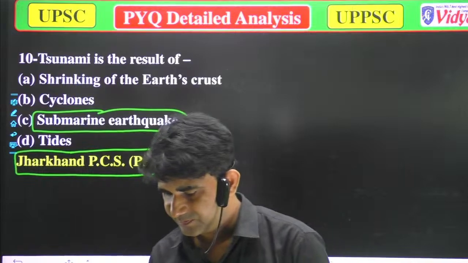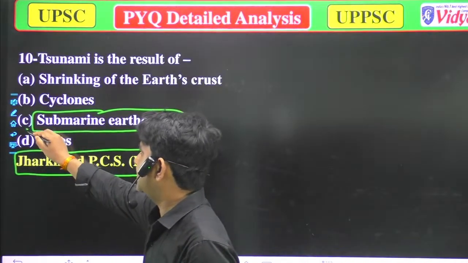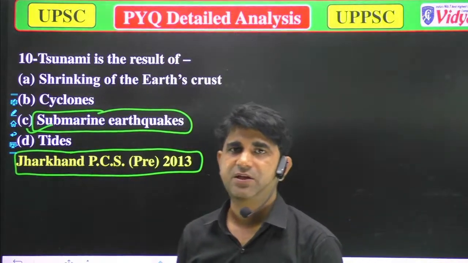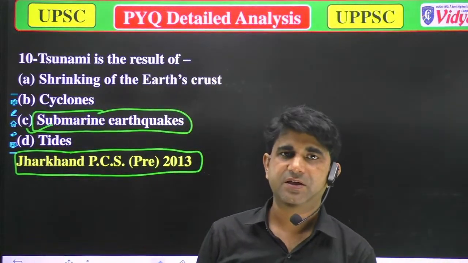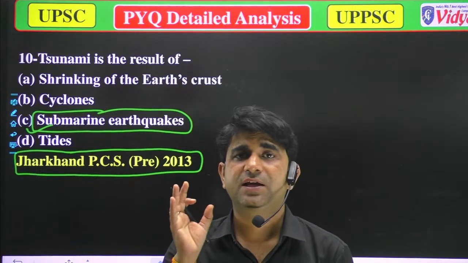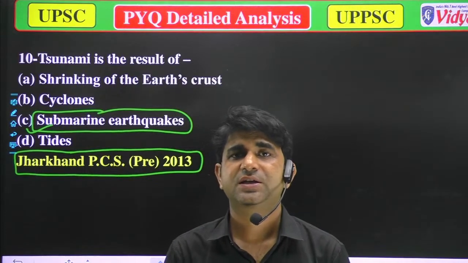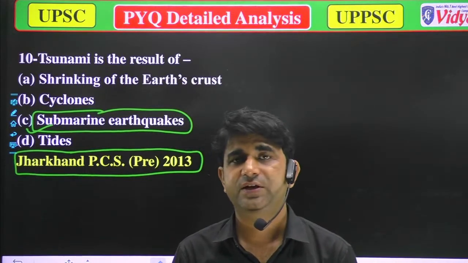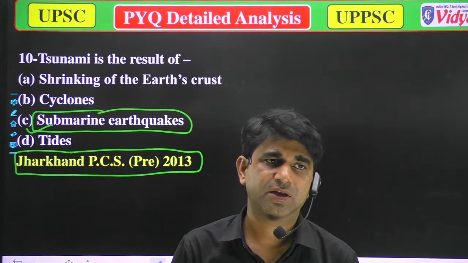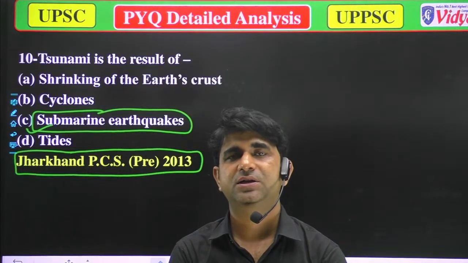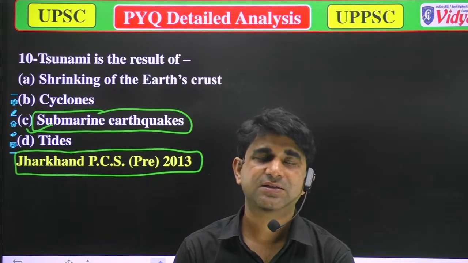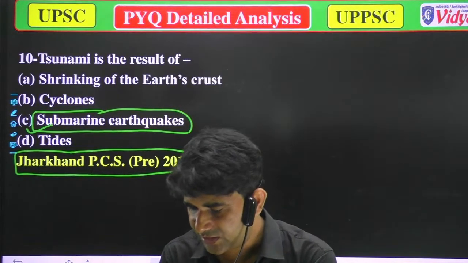C is the correct option because when there is an earthquake in the marine area, the waves will be very huge and will destroy the nearby seashore areas, which is very dangerous. It mainly occurs in coastal areas, and countries like Japan and Indonesia are affected by tsunami most of the time. So it's clear for all of you.